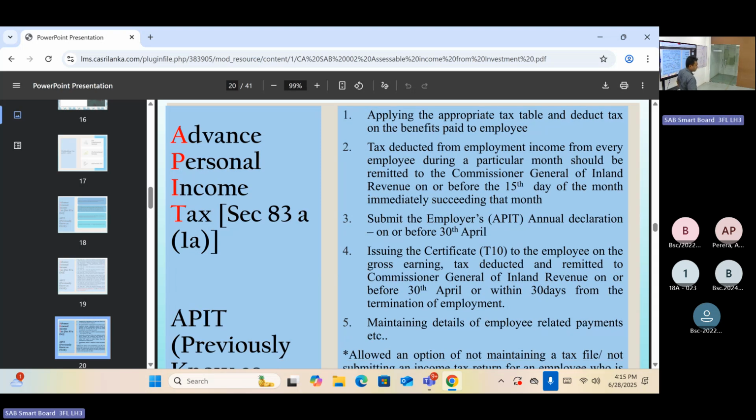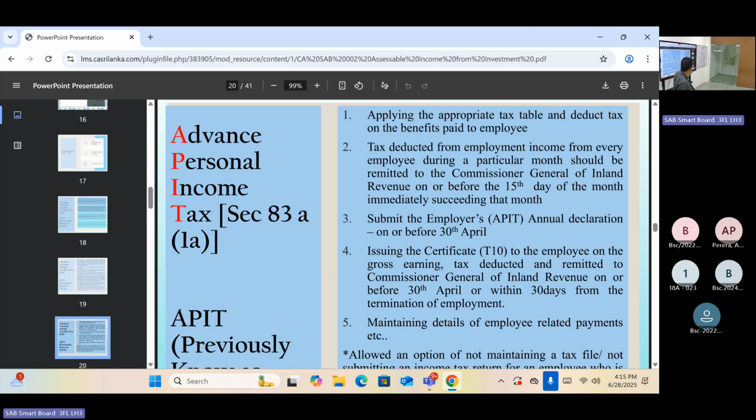Under the PAYE mechanism, the employer also has responsibility. He has to apply the correct tax table and deduct the tax. This is mandatory. And what he deducts on a monthly basis needs to be remitted to the Commissioner General's account on or before the 15th day of the subsequent month.